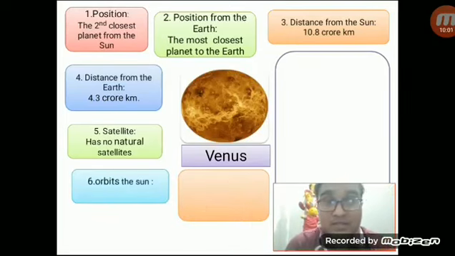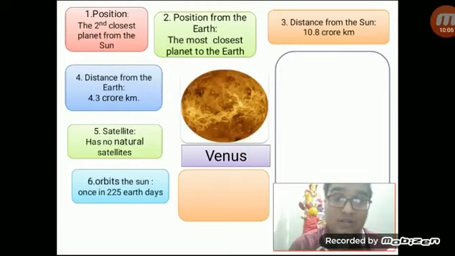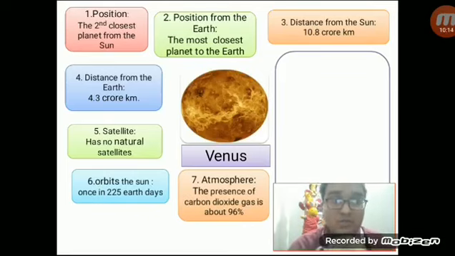Then orbit: to orbit the sun, it needs 225 earth days. And atmosphere: the presence of carbon dioxide gas is about 96%. That means the atmosphere of the planet Venus consists of 96% carbon dioxide.